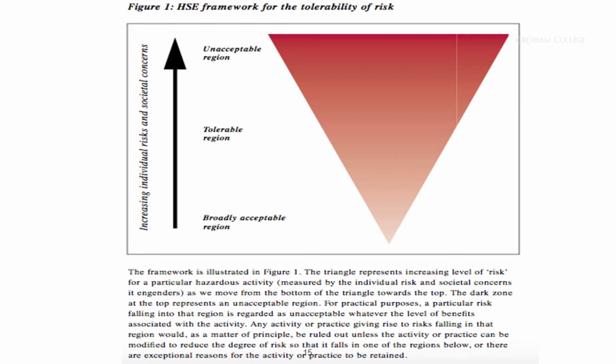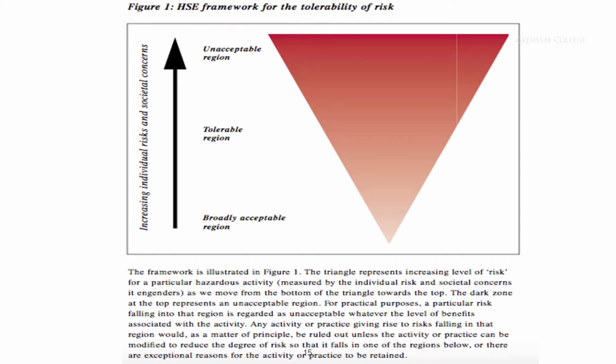And it shows this tolerability of risk where at the bottom of the triangle you've got a broadly acceptable region, very low risks. The particular hazard is not high. You know, the biggest risk to your employees is that half a dozen people might bruise their knees.